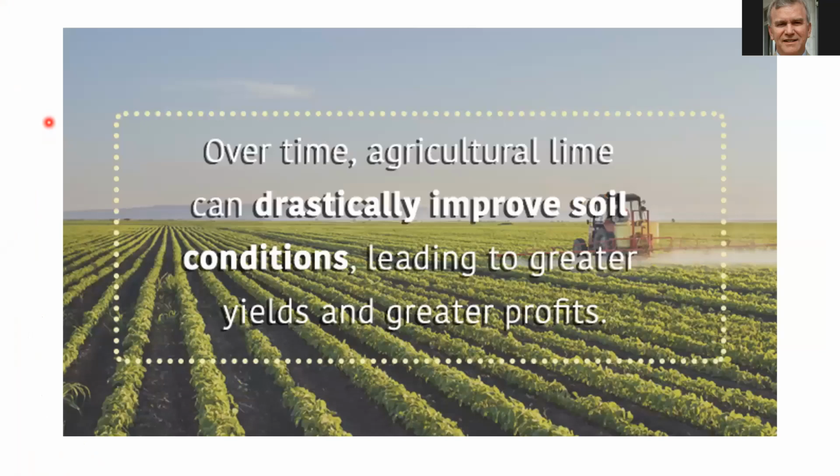The business of managing pH on agricultural lands is a process of adding a buffering agent. One part of that process is adding a buffering agent called lime. Over time, agricultural lime can drastically improve soil conditions, leading to greater yields and greater profits.